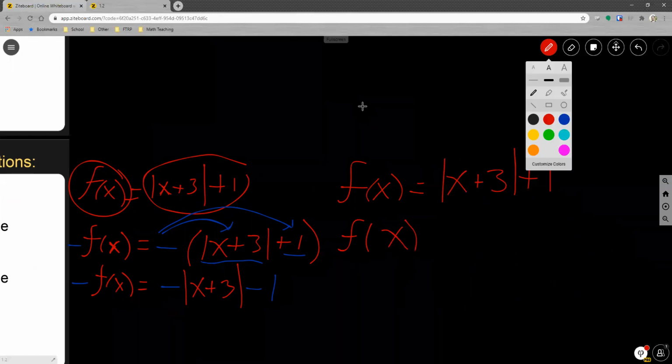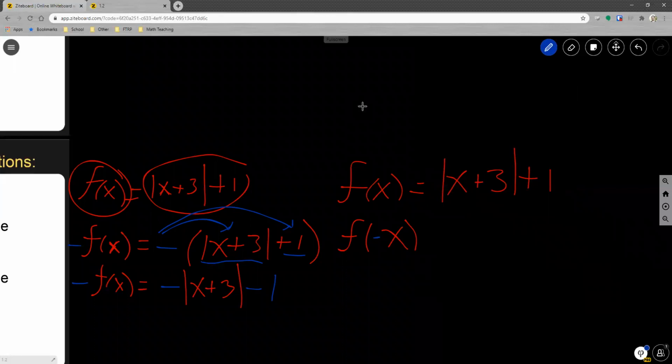So what that's going to require is that I put a negative sign in front of my x. I modify my input first. Well, still have an absolute value. It's going to be x plus 3, and I've got +1. So the only thing I'm doing on this one is just sticking a negative sign right there.